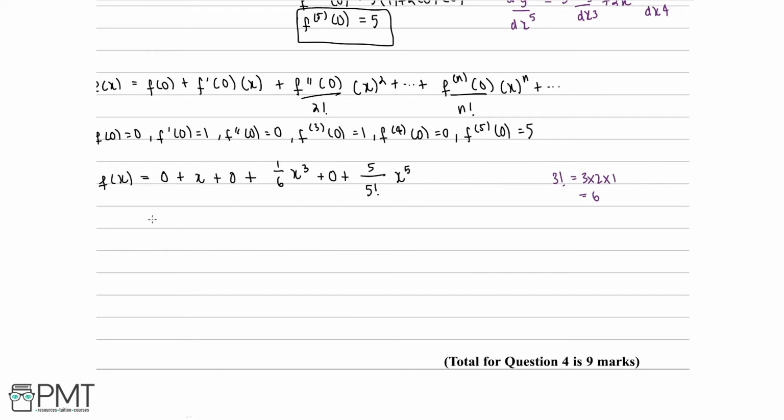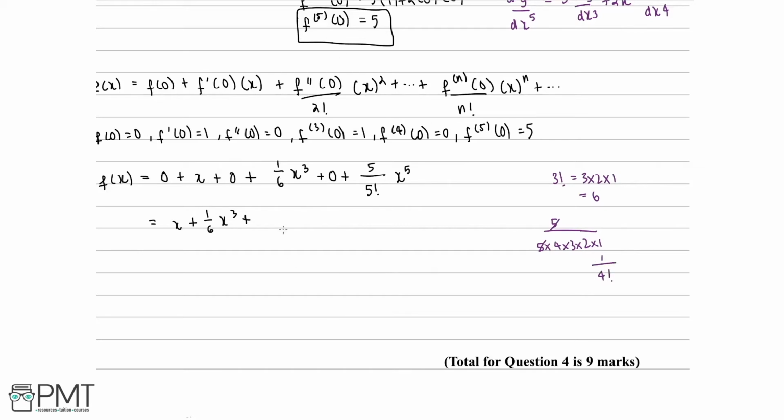We can simplify this a bit because we can get rid of all the zeros and just leave our terms that actually have values. So we have x plus 1 over 6 multiplied by x cubed plus, well, 5 over 5 factorial will be 5 over 5 times 4 times 3 times 2 times 1. And the 5's cancel, so you have 1 over 4 factorial. 4 factorial will be 24.